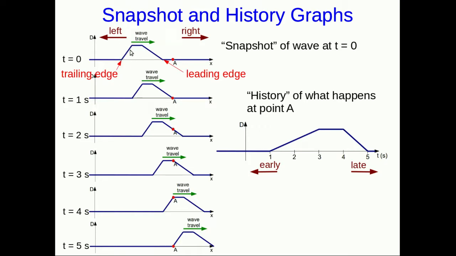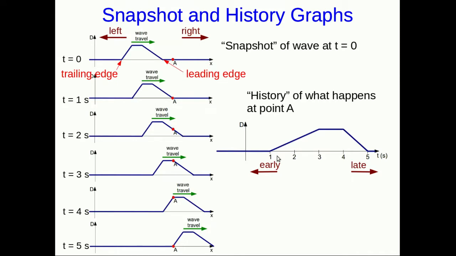But it's not always that way. We'll see a case in a moment where they're not flipped right to left. And the thing to realize is that the leading edge is always the same shape as the early part of the history graph, because by definition, wherever you look on the medium, the first part of the wave to reach there will be the leading edge.